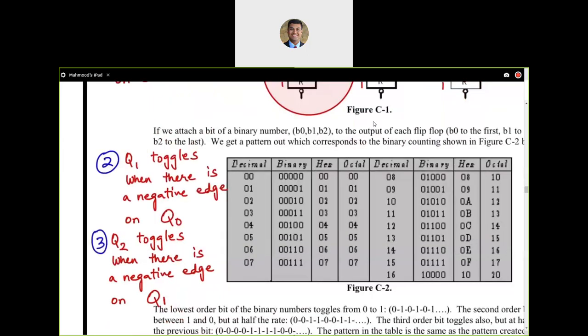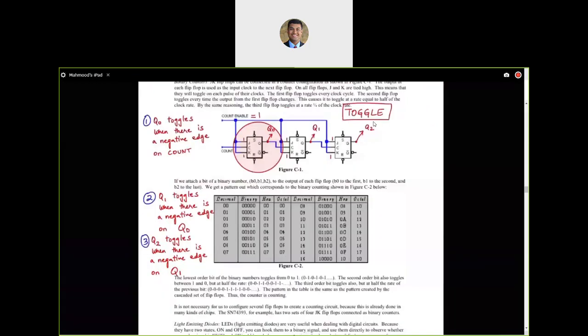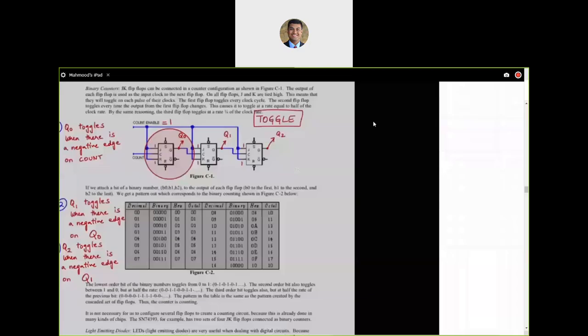I hope you agree with those three statements, because by using them I can sketch the timing waveforms or the counter outputs for this counter, figure C-1. Okay, so let's do that. I'm going to take advantage of those three statements to perform this analysis.